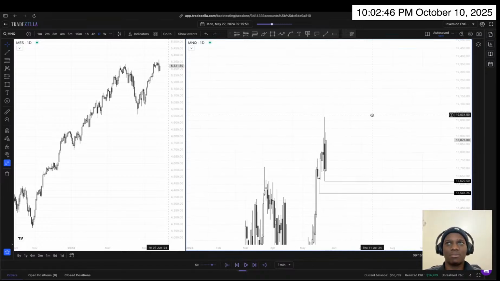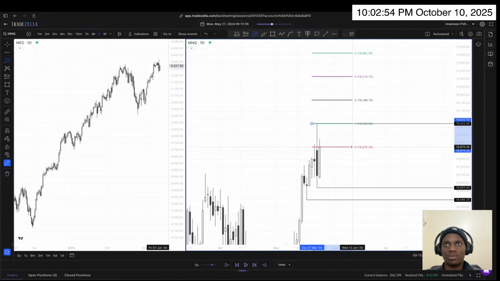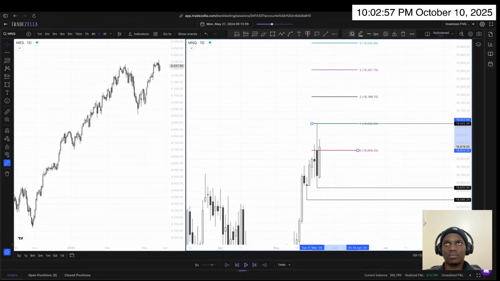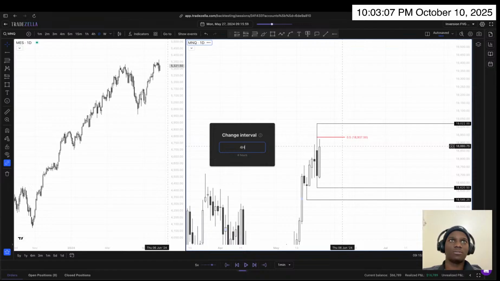So now I think we're bullish, but I'd like to be cautious. So we have this, and if I do something like this to pull the consequent encroachment, that would be something to look for.